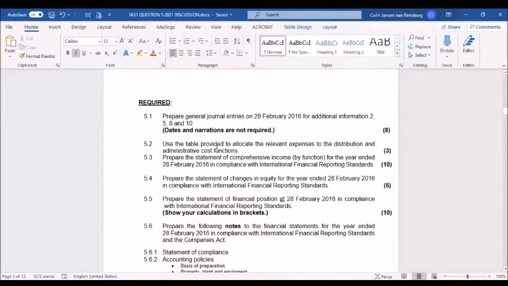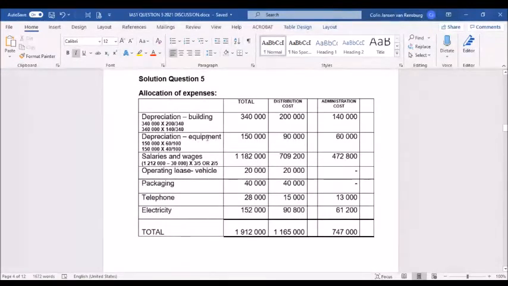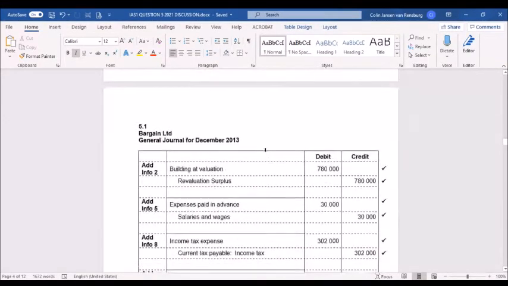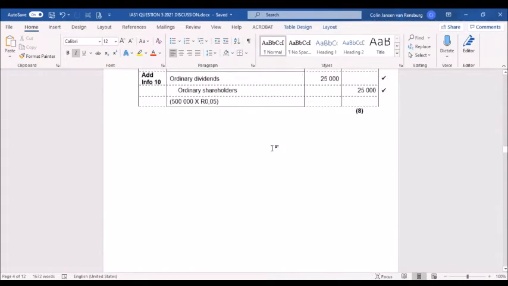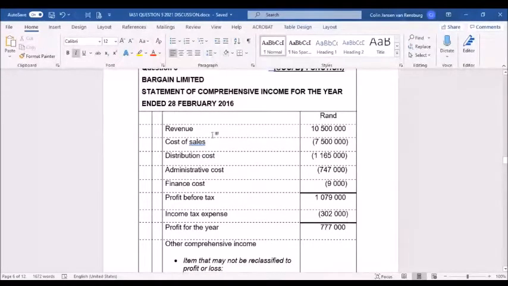Okay, so where did we finish off, ladies and gents? We did the allocation of the various expenses to the cost functions. Then we started drawing up our statement of comprehensive income. Obviously, we did some journal entry changes to the balances on our pre-adjustment trial balance. So where did we get to? We did the revenue.